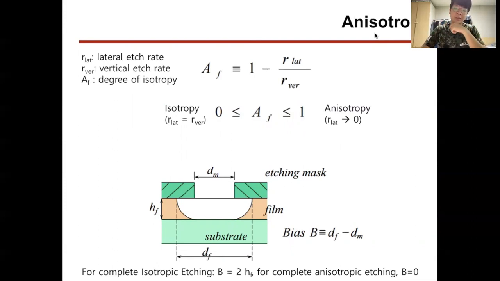So if the etched area of the film is bigger than the mask, then we can say that it's isotropic. If the bias is 0, we can call this etchant anisotropic.